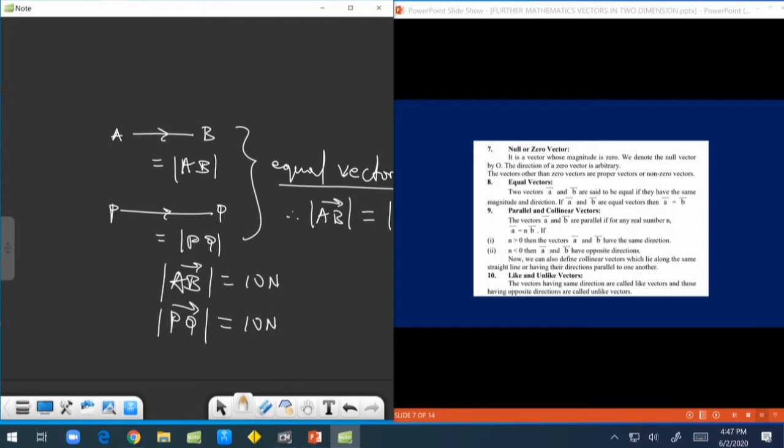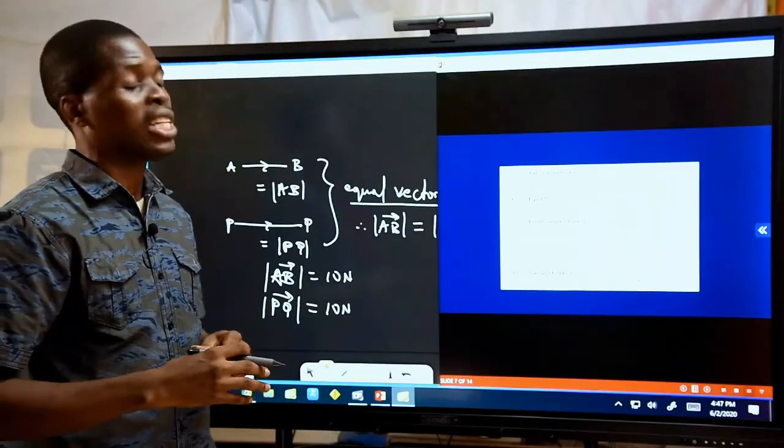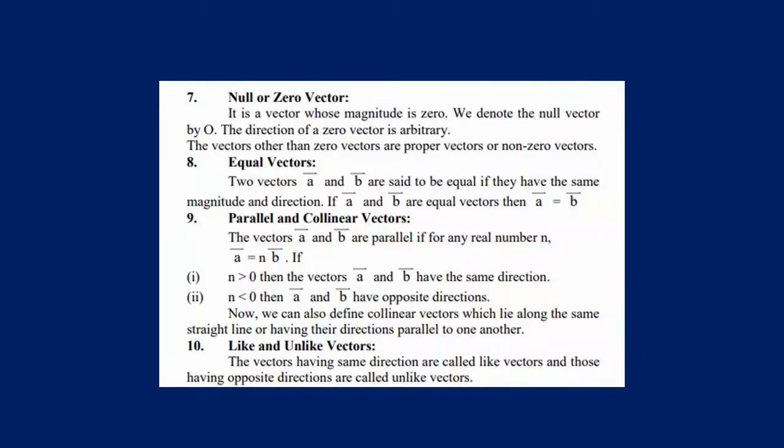Okay, we have parallel and collinear vectors. Two vectors are said to be parallel if they are acting parallel to each other in a straight line, such that even at infinity they don't meet each other, or you call them collinear.